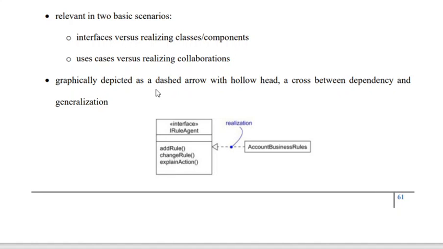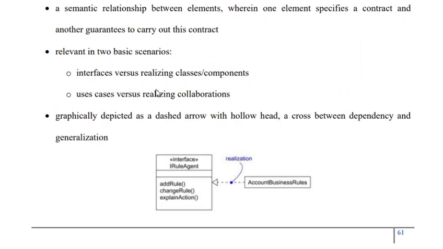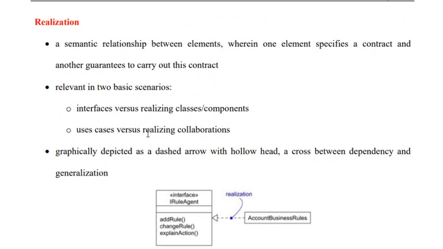So realization is a relationship established between the one who specifies the contract and the one who provides support for providing a solution for that particular contract. It is graphically rendered using a dashed arrow with a hollow arrowhead.